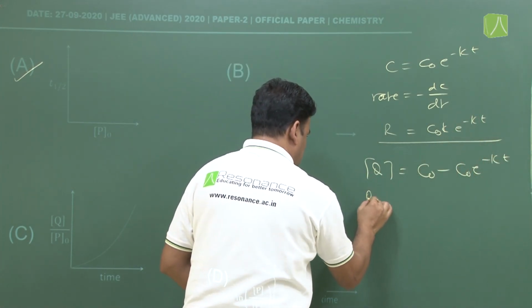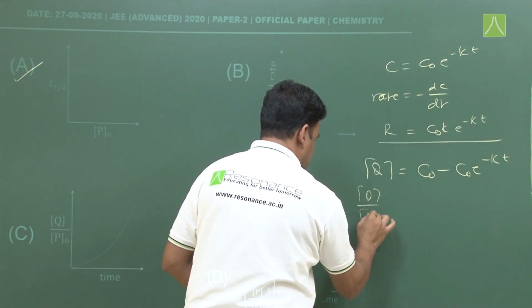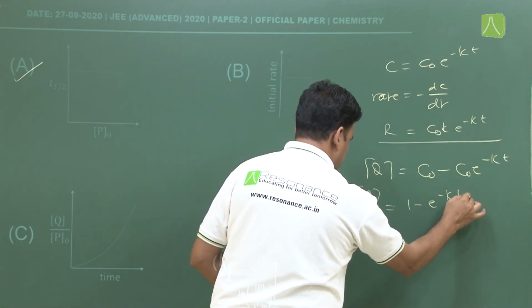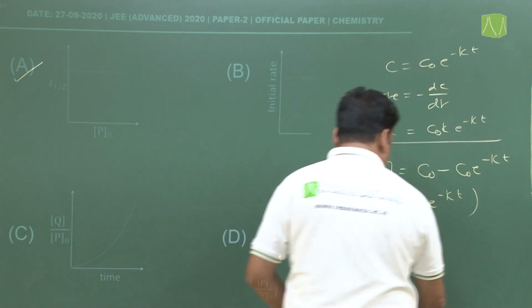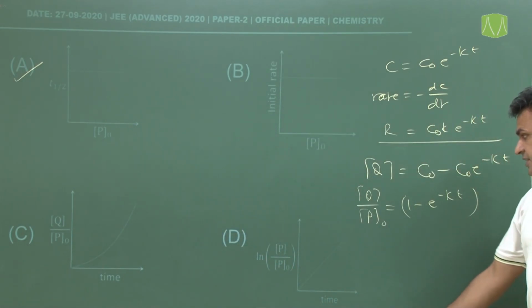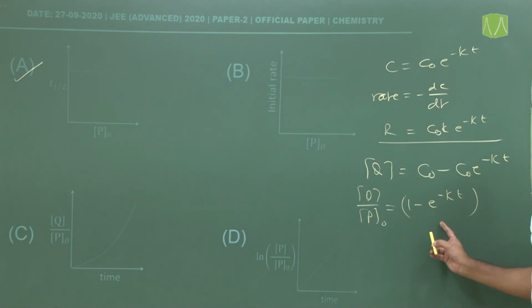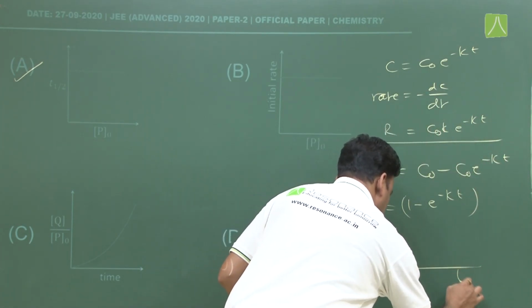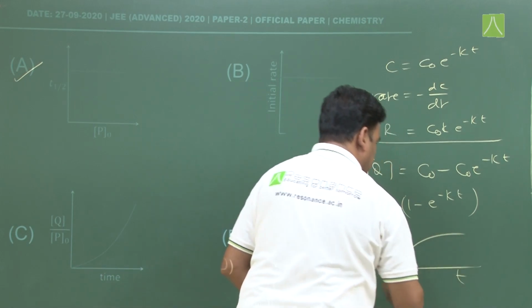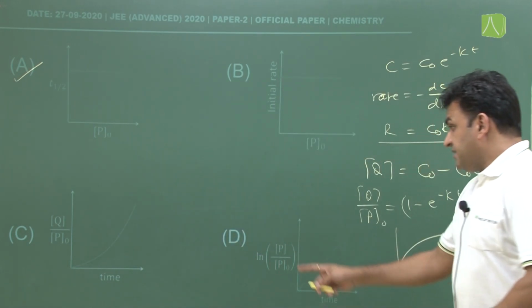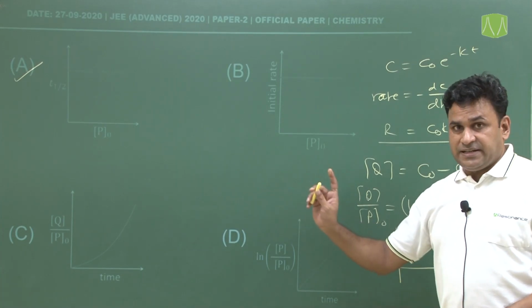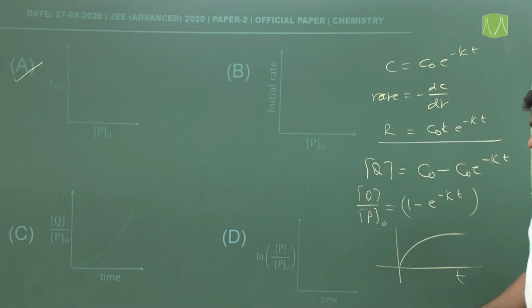So if we want to calculate concentration of Q upon initial concentration of P, then this is going to be 1 minus e raised to power minus K into T. So this is going to be the correct equation. Mathematically, we all know that the graph of this particular function is going to be like this with T. But the graph given in C is not like this. That means C is also not a correct option.